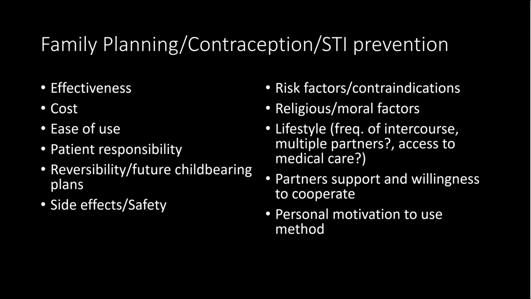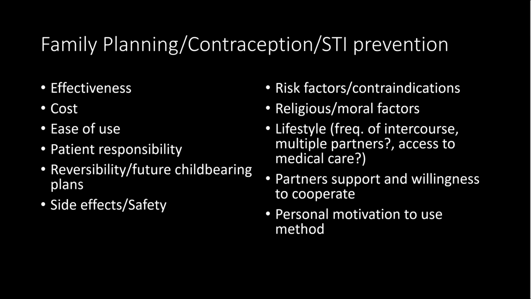If you have a patient who is, let's say, low income, does not have a lot of dispensable income or ability to access birth control, they want something that works well for them. All of these different things, cost, effectiveness, the ability of the patient to utilize the contraception effectively.